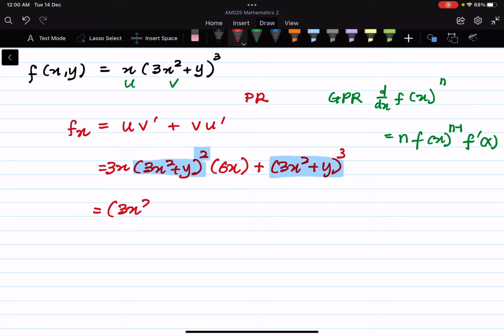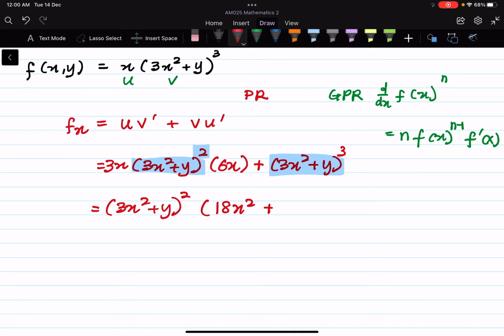(3x squared plus y) squared there, and we are left with 3x times 6x, which is 18x squared, plus, and this is power 2. To get power 3, we need to multiply by another (3x squared plus y) to the power of 1.